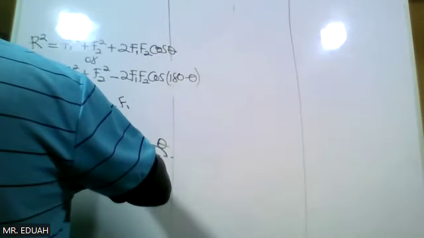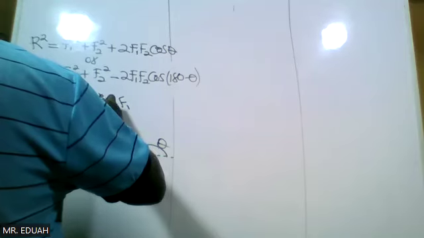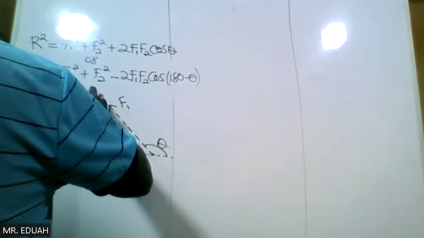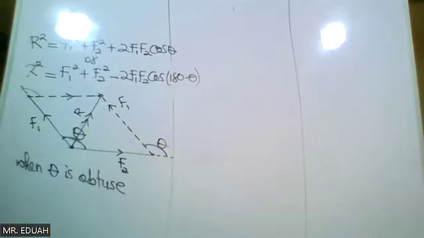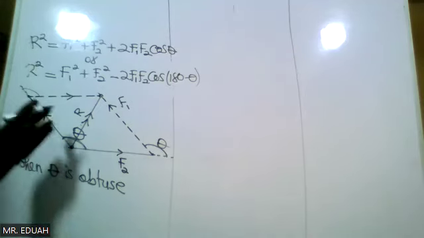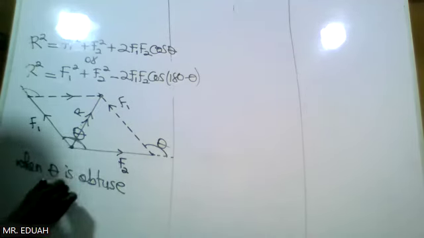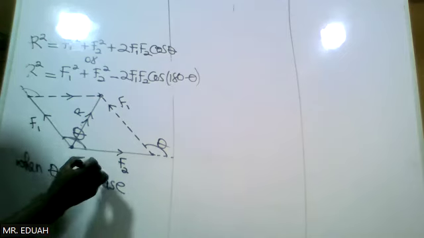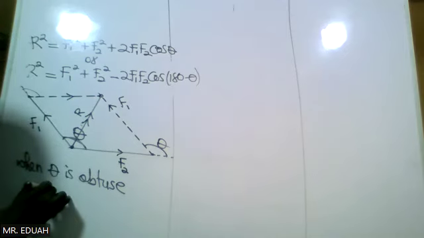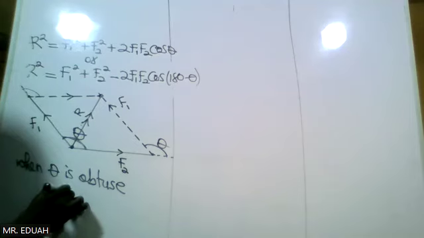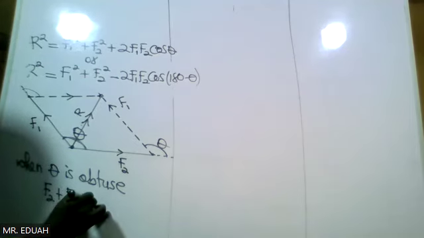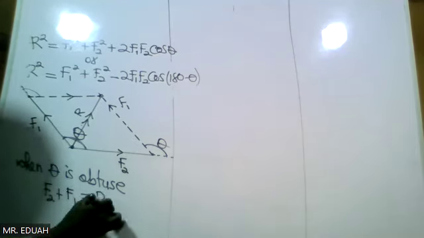So this direction becomes the direction of the resultant. When you look at it below, by their path, F2 plus F1 is equal to the resultant R.